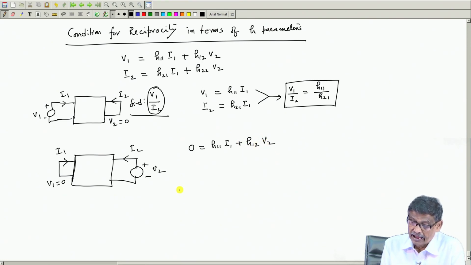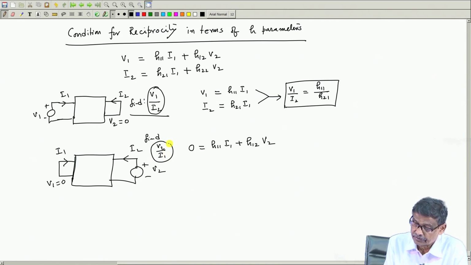And what you want to find out is V 2 by I 1, this ratio I have to find out.